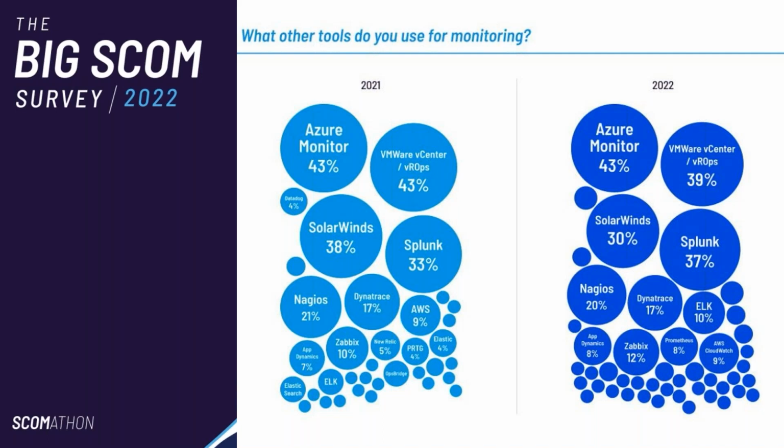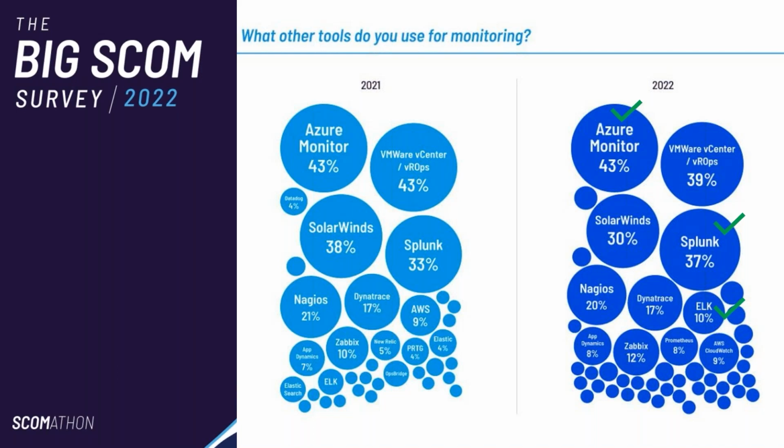And we ask you, among other things, what other tools do you use for monitoring, in addition, obviously, to SCOM? And you'll see consistently year on year, there are some key themes. Some of these tools, for example, Azure Monitor, Splunk and Elasticsearch, which is part of the ELK stack, we already have integrations for, but there's some key ones that we don't, and we're looking to help address that in this release.